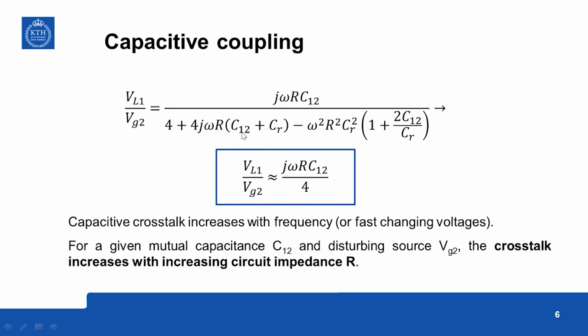Now in this case, the coupling capacitance C12 is much smaller compared to the capacitance to the reference, and therefore we can neglect these terms that contain CR, and we can see that 4 is much greater than any of these terms.